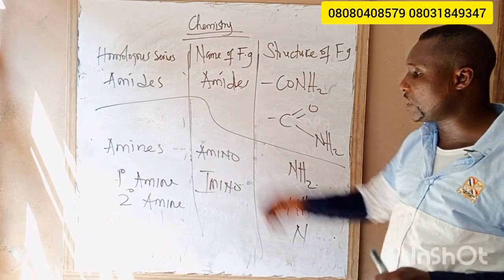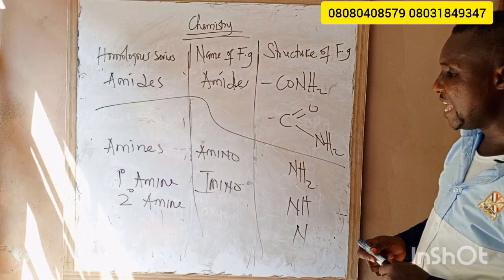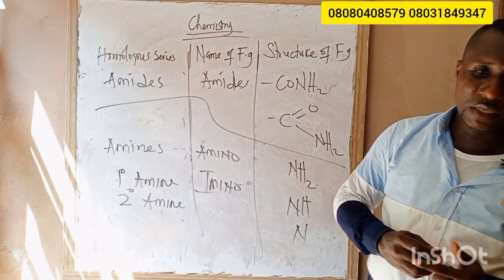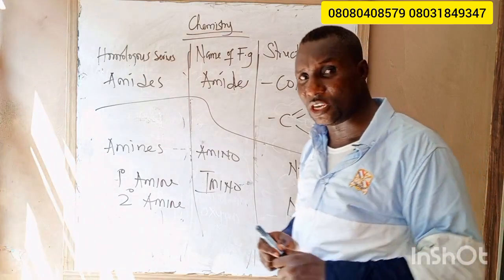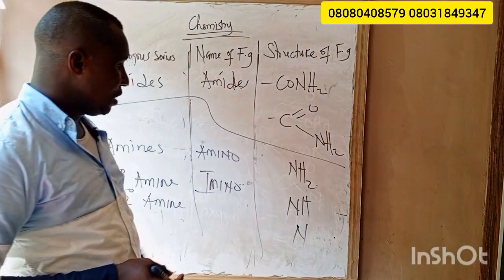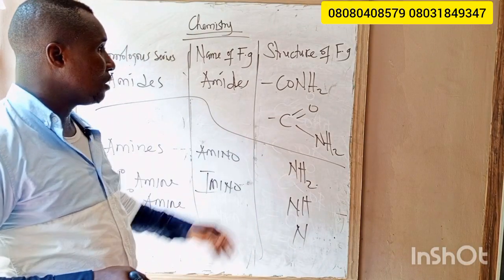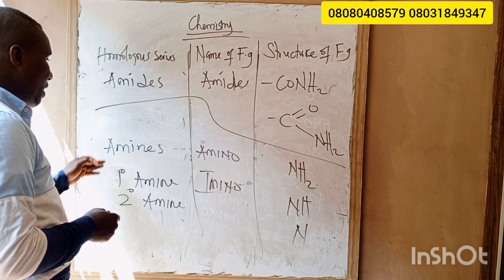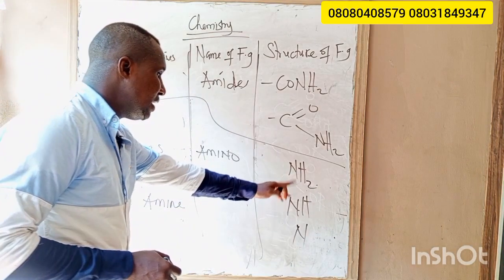The name for the functional group of tertiary amine is what? N tertiary atom. Take note. These are the functional groups and their structures. We have the amines, which is amino, NH2.